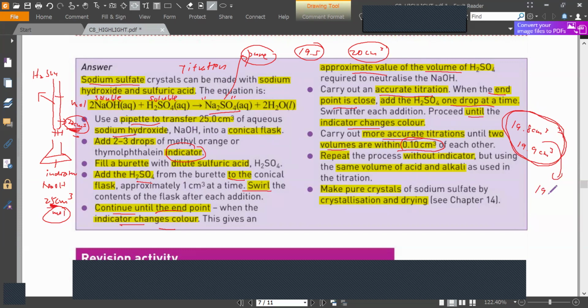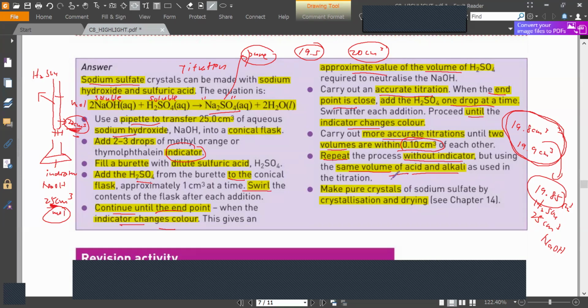We take the average, 19.85. Now we repeat without indicator with the same volume of acid and alkali: 25 cm cube of the alkali and 19.85 cm cube of the acid. So these are the steps to get a pure product.